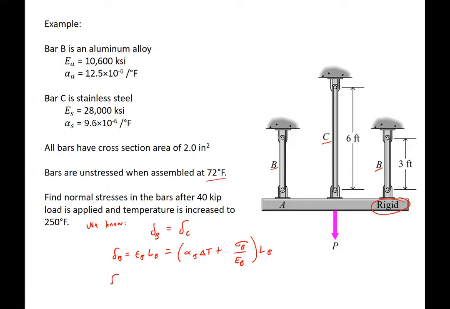And we can write a similar expression for delta C. That's just going to be the strain in C times the length of C, and then the expansion coefficient for C times delta T plus the stress in C, sigma C over EC times LC.